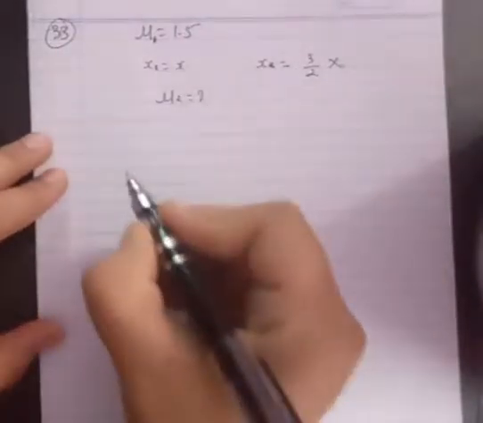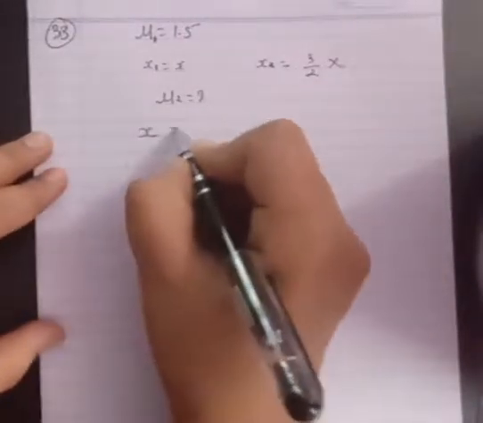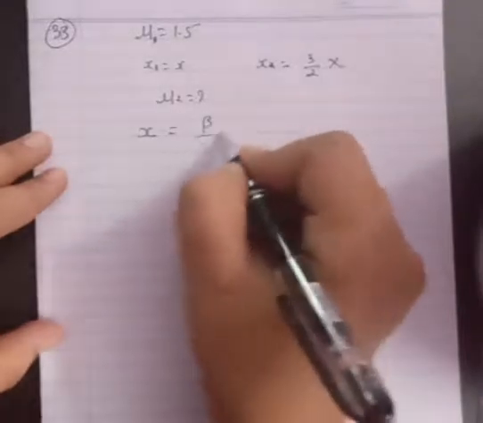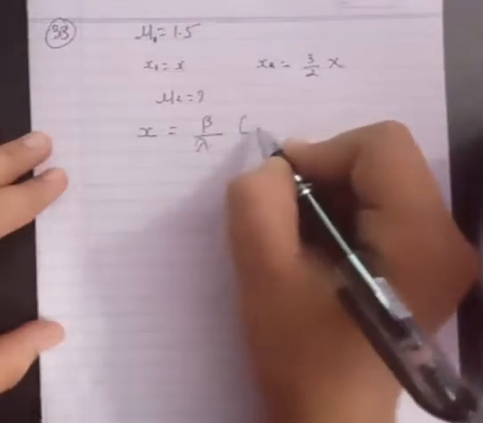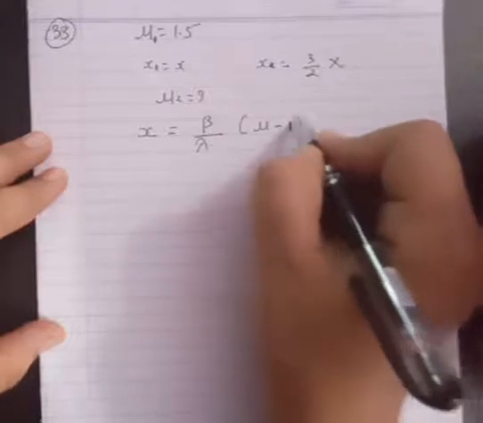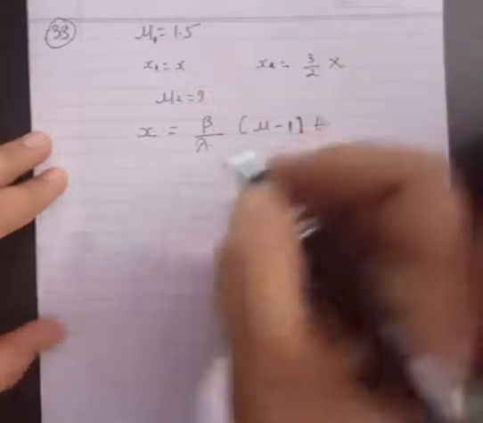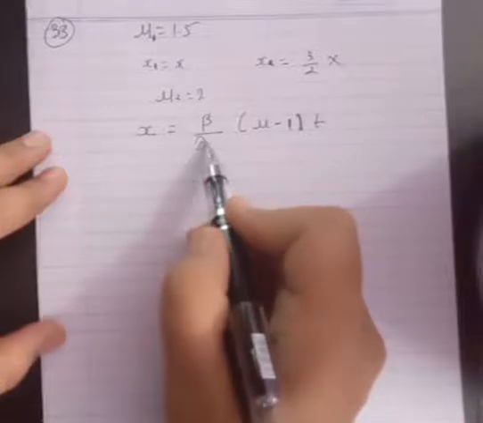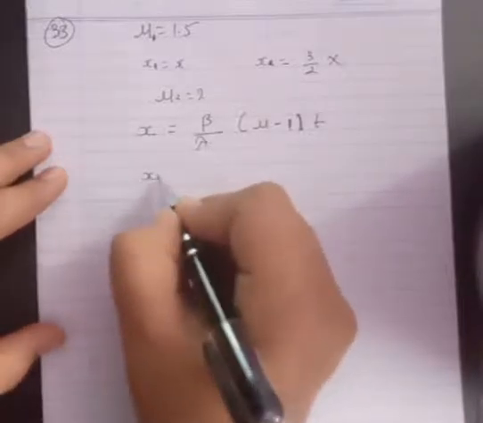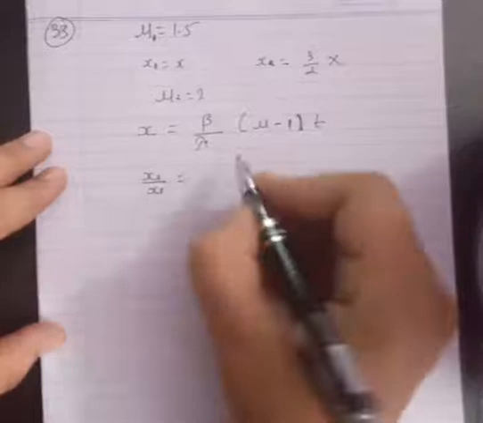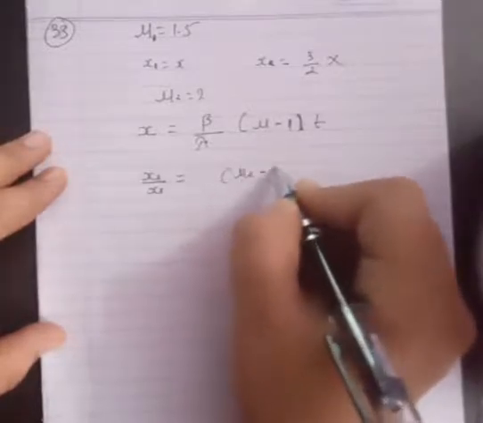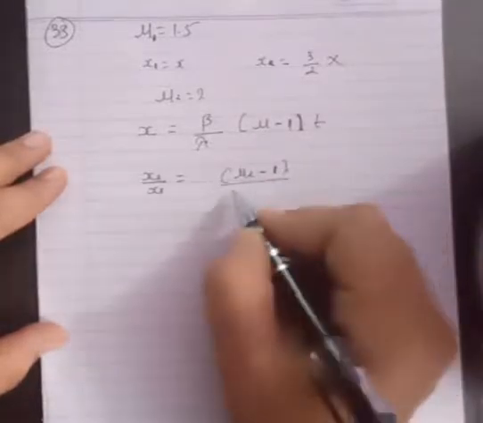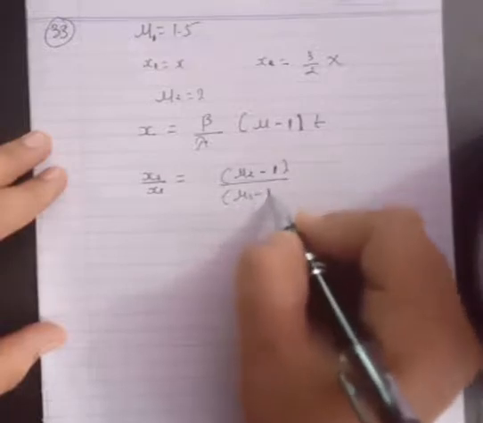Here the shift can be written as beta by lambda into mu minus 1 into t. Beta and lambda will be the same, so we can write x2 by x1 is equal to mu2 minus 1 upon mu1 minus 1.